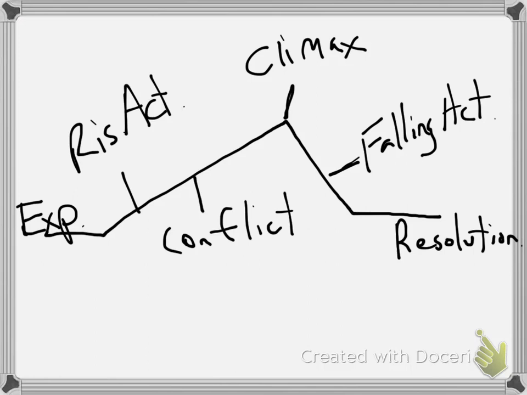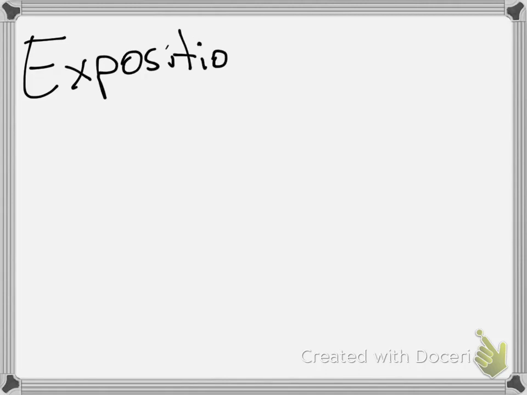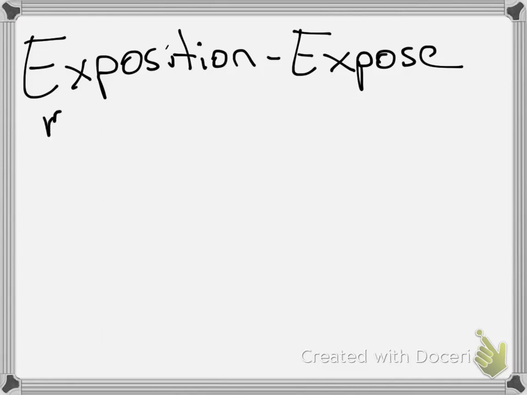Alright, so let's take a look at each one specifically. First we have exposition. When you see the word exposition, I want you to think of the word expose. This is the point where the author is going to give you all of the basic information. So expose basic information.